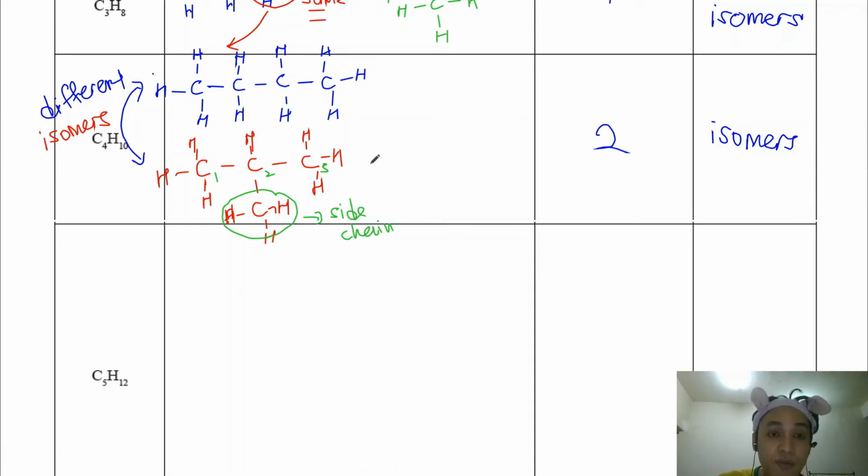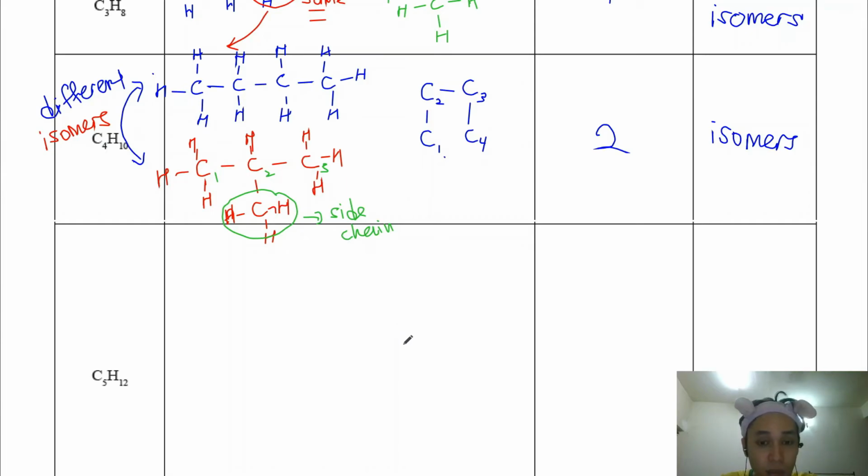You can't get a 2 carbon chain because it's the same thing. If I put 2 here, again this is the same as this one. Why? Because this is carbon 1, 2, 3, 4. You are only rotating the first carbon down, and the fourth carbon downwards. So this one is the same, so this is not an isomer.